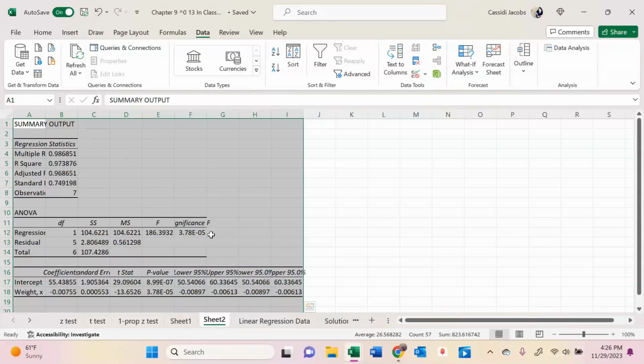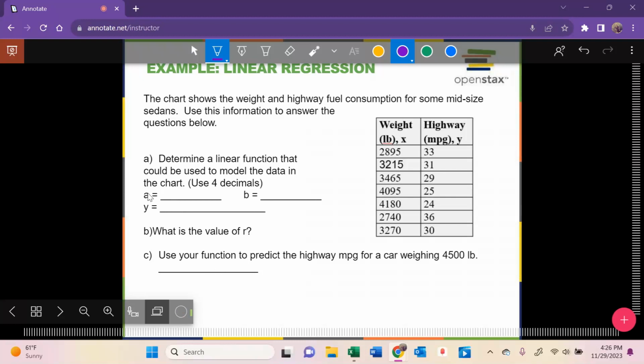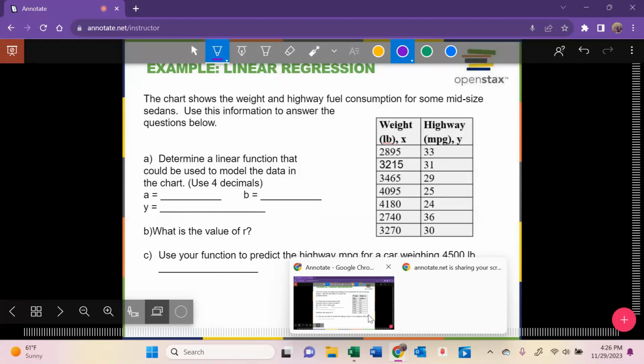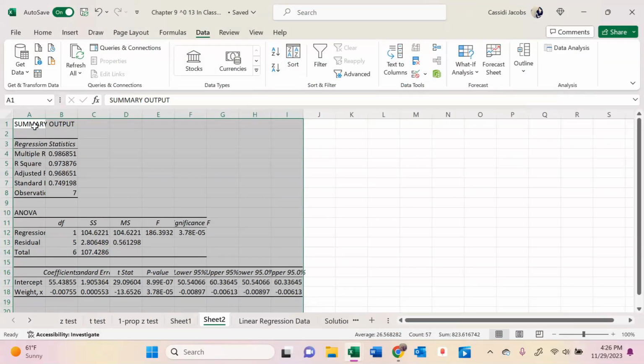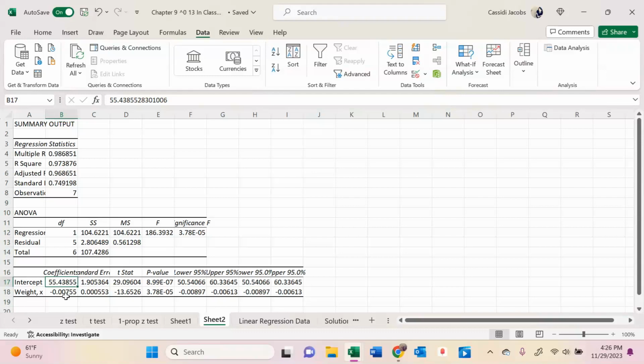Now this output is what gives us the answers to these problems here. So we want to know our A in this case. So if we go to our Excel output, we are given some information by these coefficients. Our A is what's called our intercept.